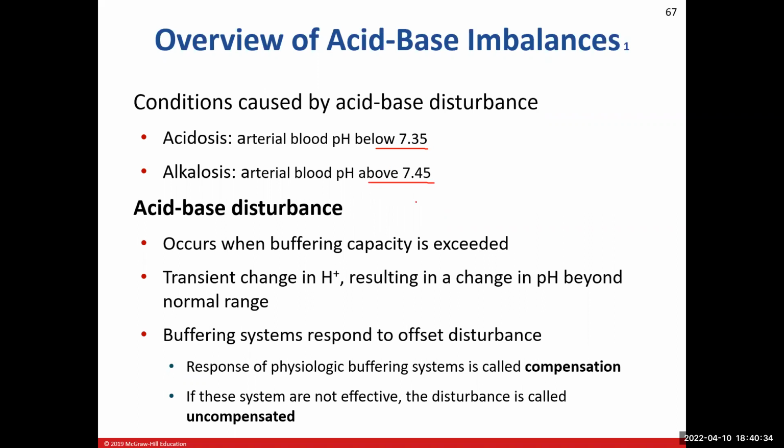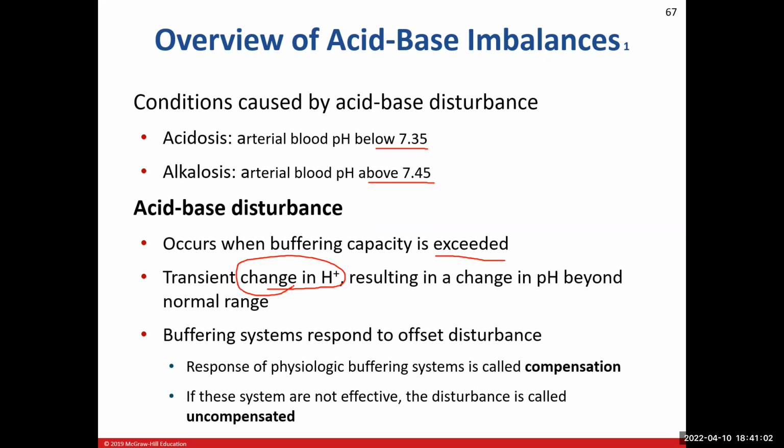So the acid-base disturbance, you should know this, is when we've exceeded our buffering capacity. We just cannot maintain that normal 7.35 to 7.45, and we've swung into either acidosis or alkalosis. And that's because we have a change in our hydrogen ion concentration, either too much or too little.